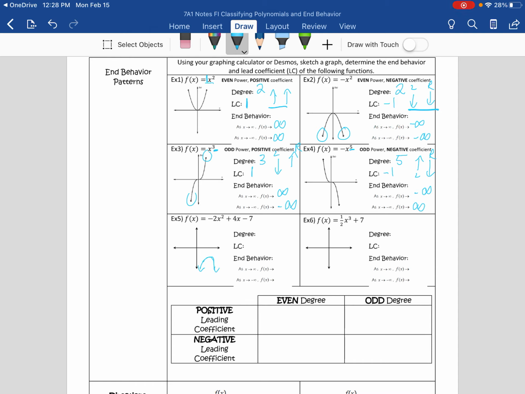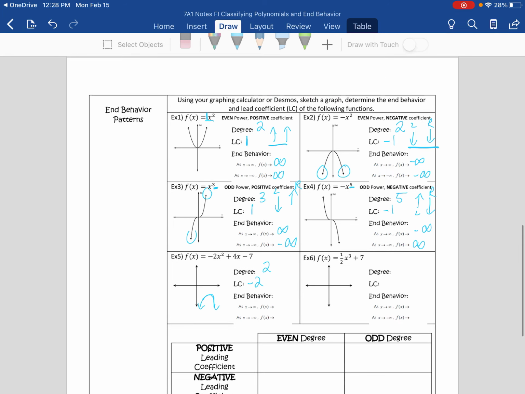If you look at the next one, if we actually graph this, and this is what you do, you'd go through and graph it in Desmos, and this is what we look at. But my degree is 2 in this case, it's even. And right here, my lead coefficient is -2. My end behavior, well, that's a down, down.